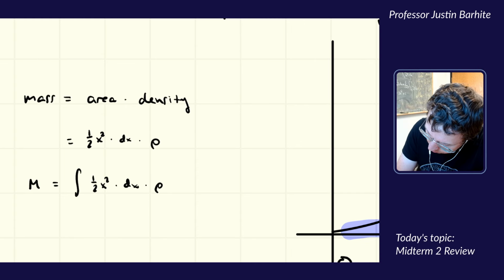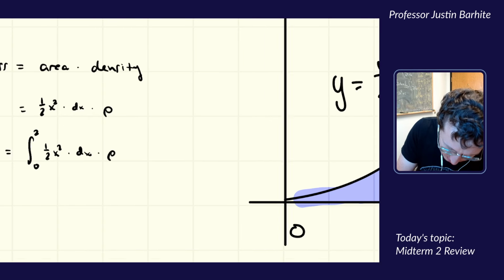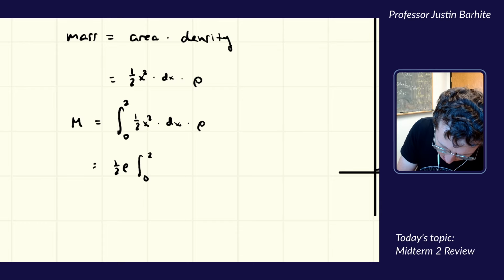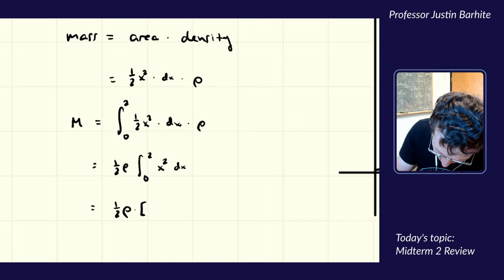So I add an integral sign, and my x values range from 0 to 2. Pull out the constant 1/2 rho. I'm integrating x squared, which gives me 1/3 x cubed.